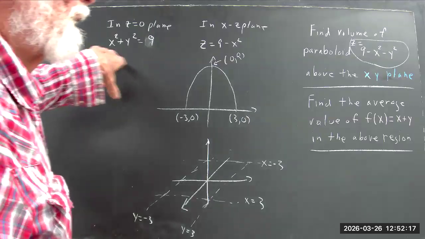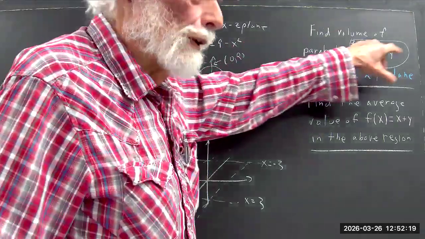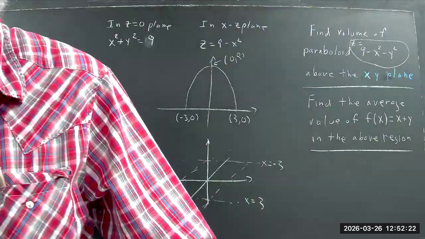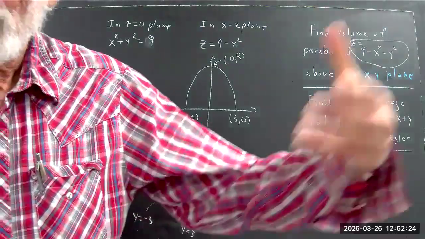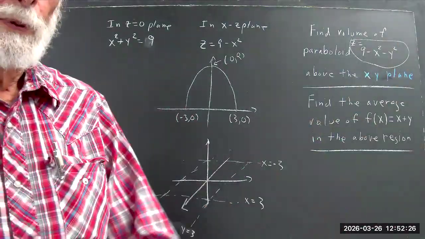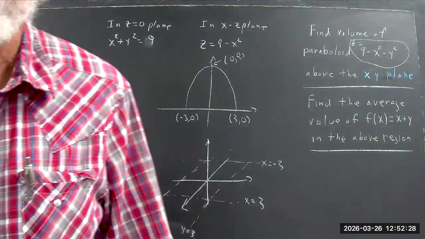Told you I'm not with it today. If z equals 0, you've got 9 minus x squared minus y squared equals 0. So x squared plus y squared has to equal 9. Otherwise, when you subtract it from 9, it wouldn't be 0.